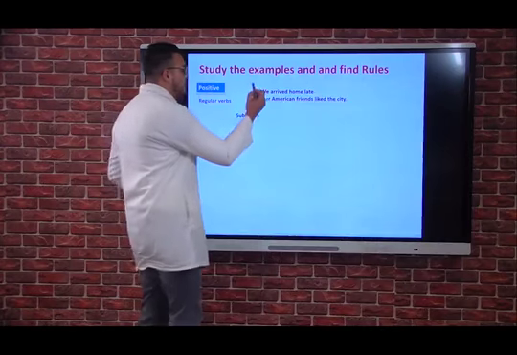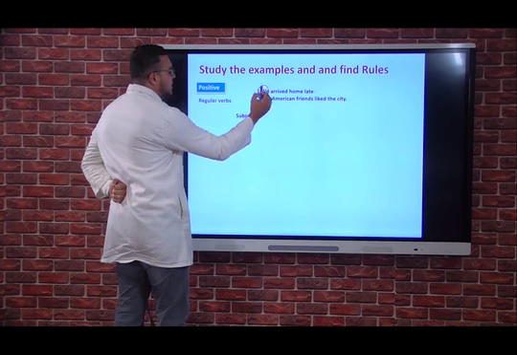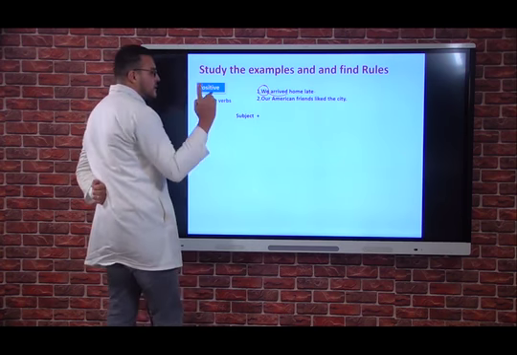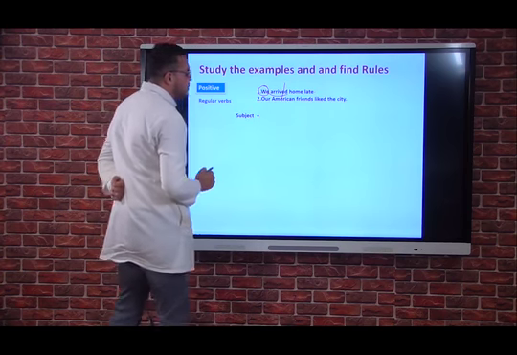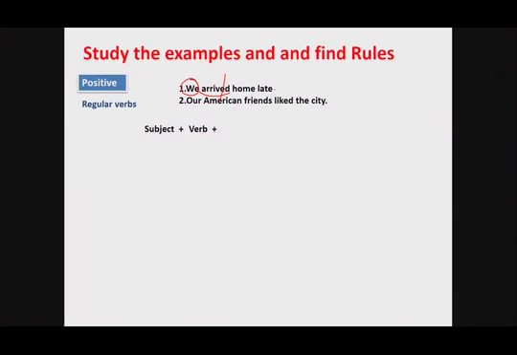Let's see example number 1. We need to have the subject pronoun, we, plus, what is this in here? This is the verb to arrive. So I have subject plus verb plus ed. The verb to arrive plus ed in order to make the simple past form.